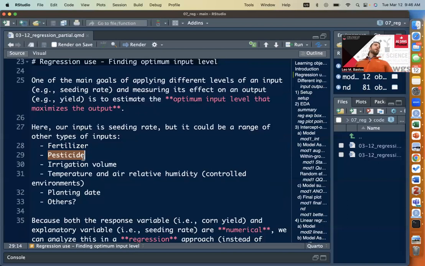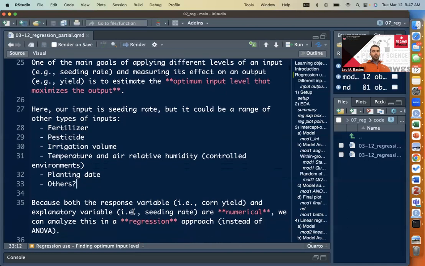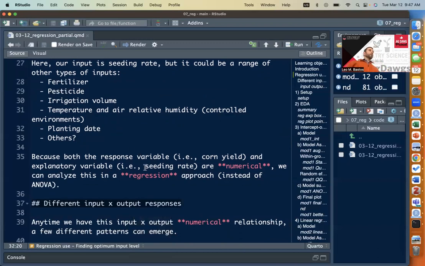So there could be many others here, and I just want you to think about this in your own disciplines and how you can relate these concepts to whatever you can find for yourself. Today, we're going to be looking at seeding rate, but that could be any other numerical input that, in your area of expertise, you would be changing. And in our case, we are looking at yield, but this does not necessarily have to be the case.